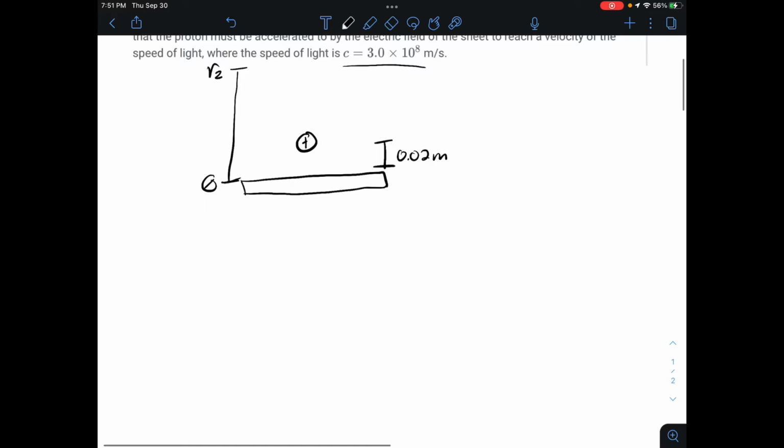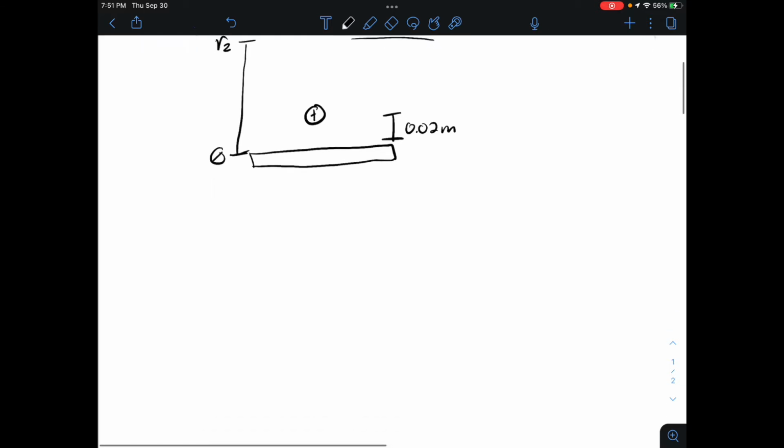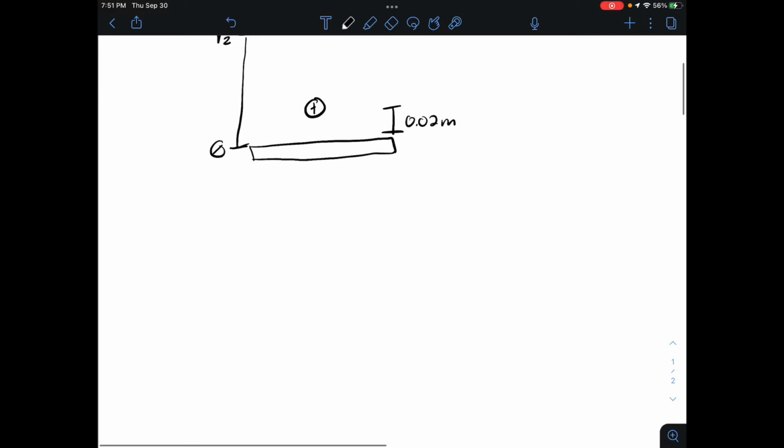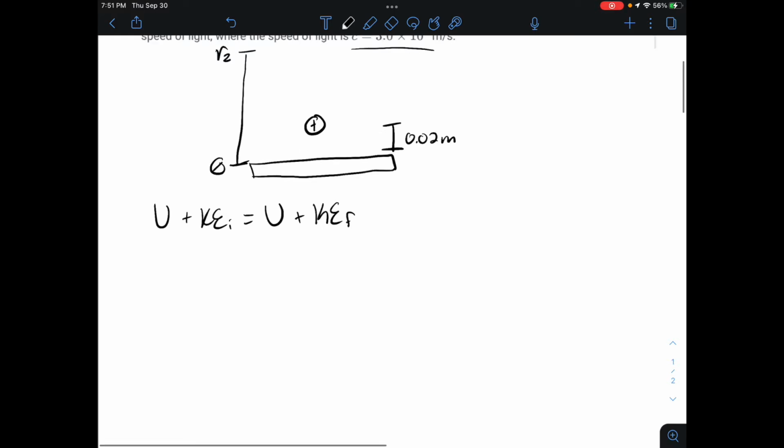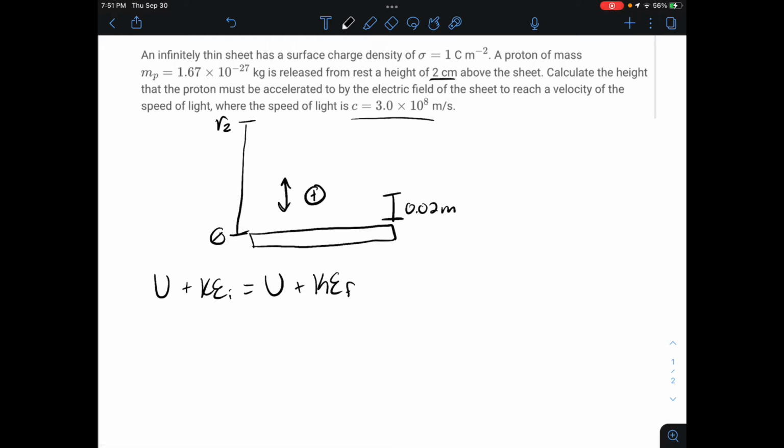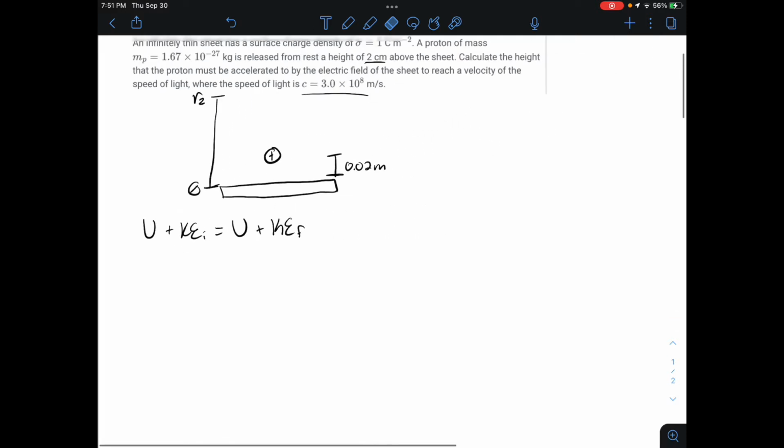Since we're talking about speeds and velocities, it's a pretty good clue that we're going to be using the law of conservation of energy. So our initial potential energy plus our initial kinetic energy is going to equal our final potential energy plus our final kinetic energy. Since we're moving up and down, we're going to have a change in our electrical potential energy, and also a change in our gravitational potential energy.